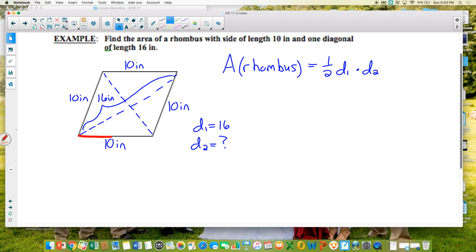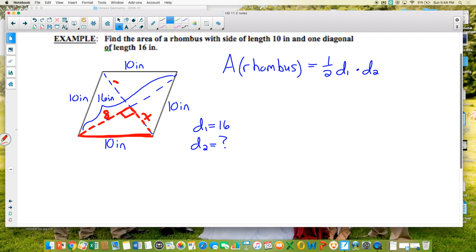If we're given one of the sides and we know this long diagonal is 16, we can find our missing piece. If you think back a few chapters, in a rhombus the diagonals are perpendicular and they also bisect each other. So that means this segment is 8, this is 10, we have a right triangle, and we can find our missing piece.